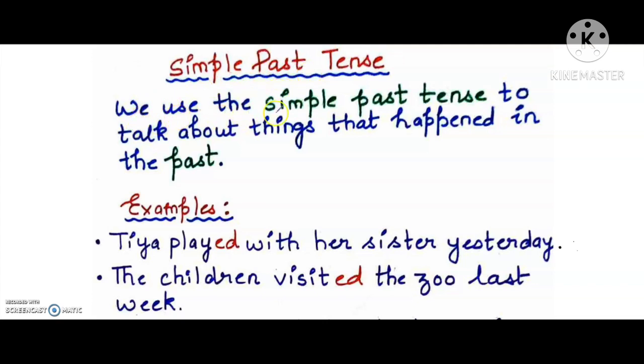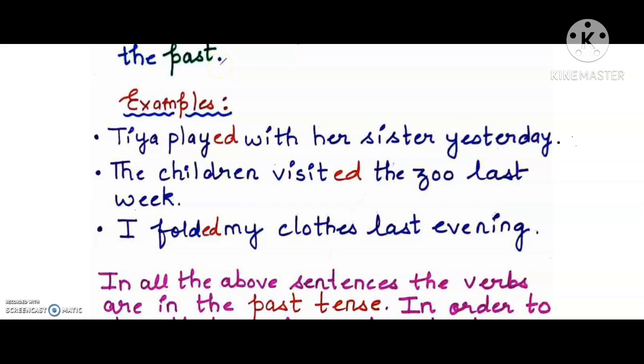We use the simple past tense to talk about things that happened in the past. Past means the period of time that has already happened. It is the time or a period of time before the moment of speaking.